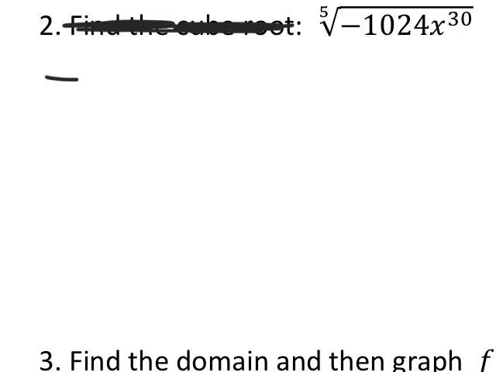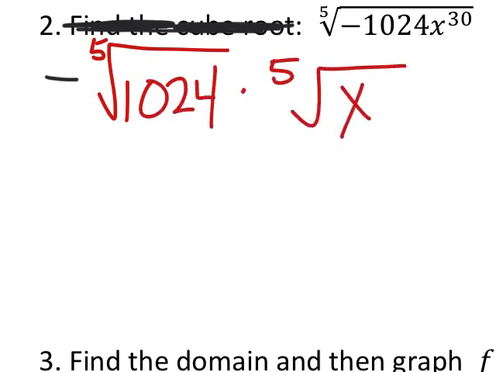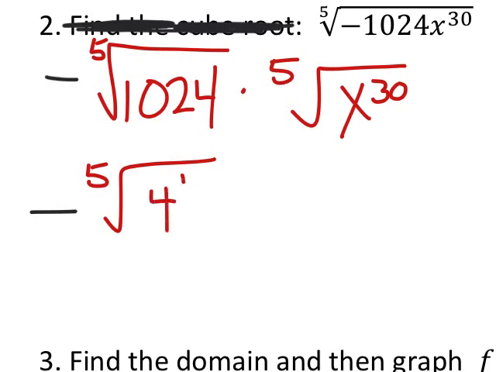And again, I'm going to go ahead and split this up. We've got the 5th root of 1024 times the 5th root of x to the 30th. Alright. And just doing these individually, it's going to stay negative. The 5th root of 1024, well, 1024 is 4 to the power of 5.